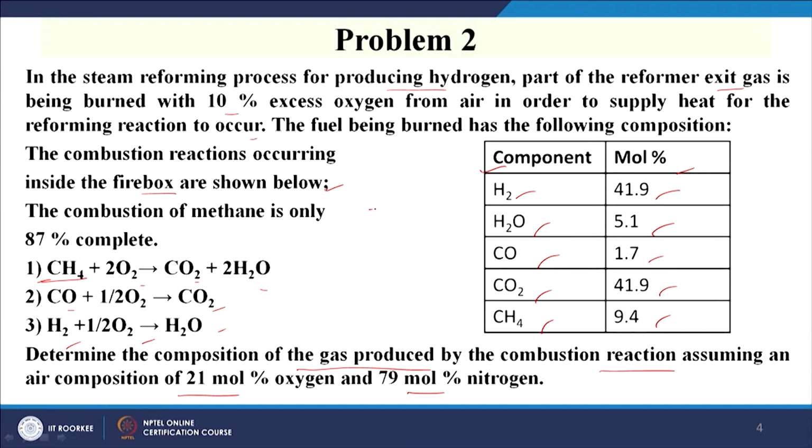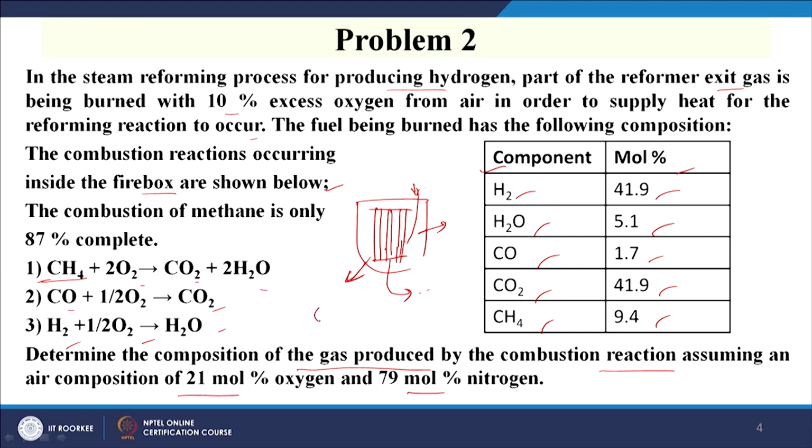So, if we have one reformer here, so these are the tubes where the reforming is taking place, then after reforming the gas is going out, and some part of this gas is recycled back and then it is fed here, and this is burnt in this chamber, and then the burnt gas is going out.